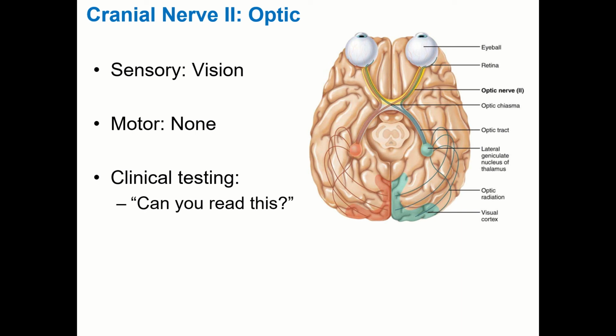Now, obviously, if you get pretty significant damage to the optic nerve, that can result in blindness, which is something that the athlete would probably report to you that they can't see. But there might be some more subtle indications of damage to the optic nerve, where it's not full blindness, but maybe the letters look blurry or something like that, that might give us an indication that potentially there's some optic nerve damage there. So the testing is you have them read something.